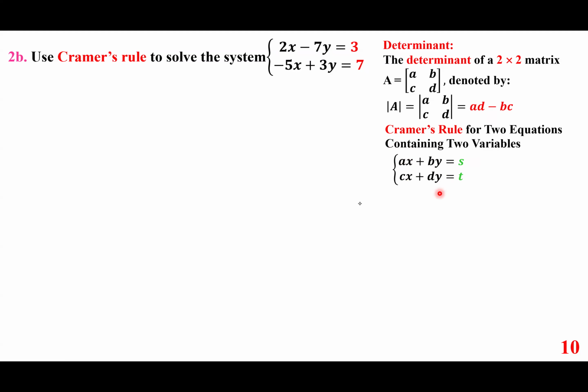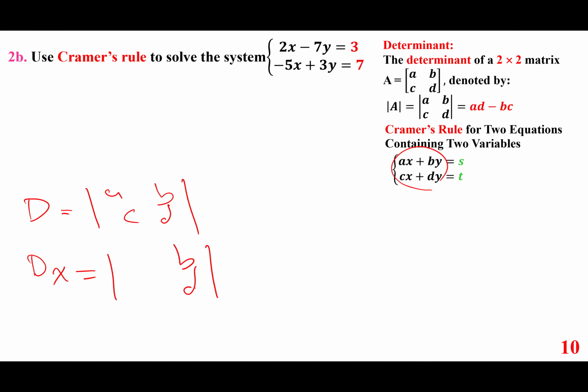So we put together the determinant of the coefficient matrix and we call it D. Then we come up with D sub x and D sub y.